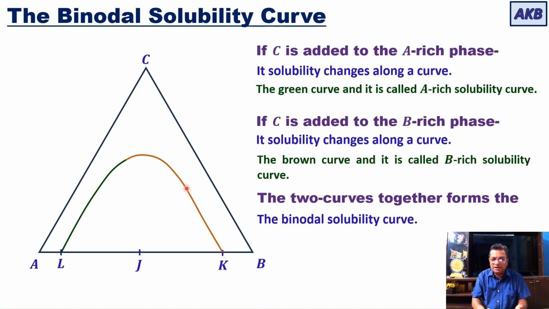So this entire curve is called the binodal solubility curve. It has two parts. One is the A rich solubility curve, and the other one is B rich solubility curve. So now I'm sure you know what is the binodal solubility curve.